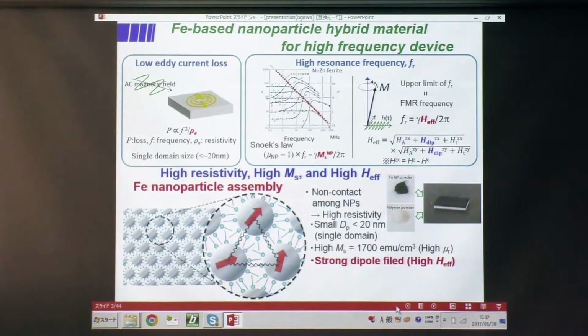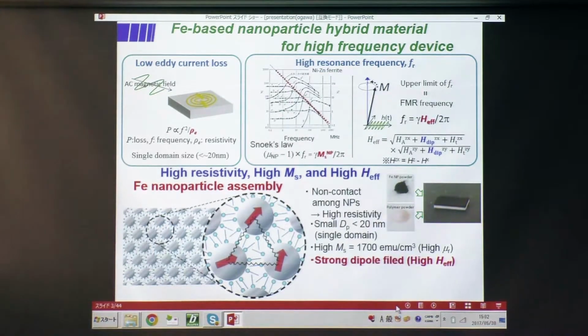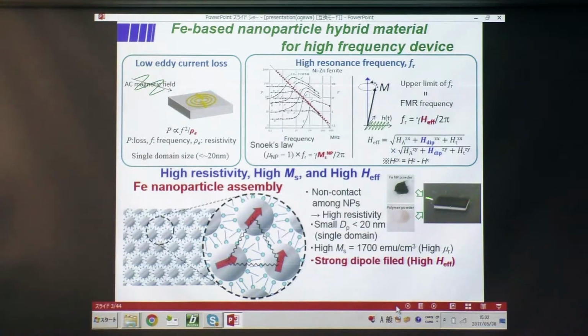These are iron magnetic nanoparticles surrounded by surfactant. For example, black powder nanoparticles and white powder polymer are compressed this way, and then we attached some high-frequency device on this material.